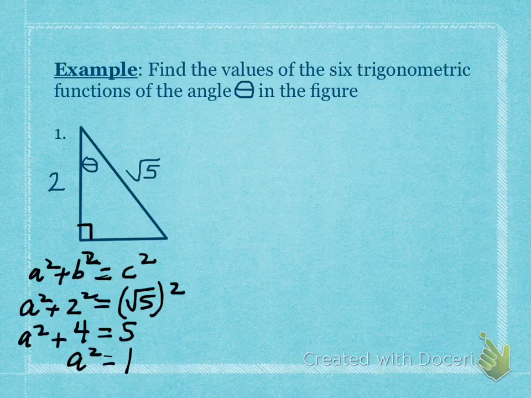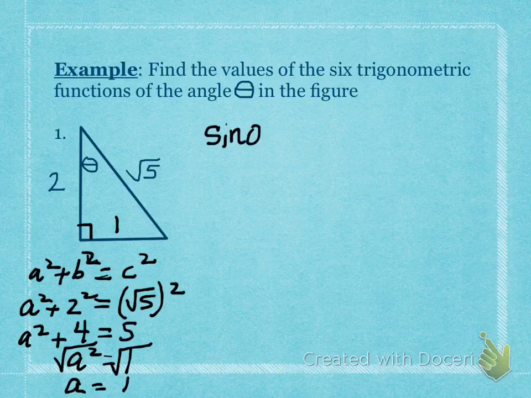Now, in this case, if I kind of forgot that I had a square root, it wouldn't hurt anything. But normally it will, right? This actually tells you what a squared is, and I'm supposed to find out what a is. So I am going to take a square root. It just so happens that the number I'm working with, what is the square root of 1? It's also 1. All right, so I've got my 3 sides of my triangle.